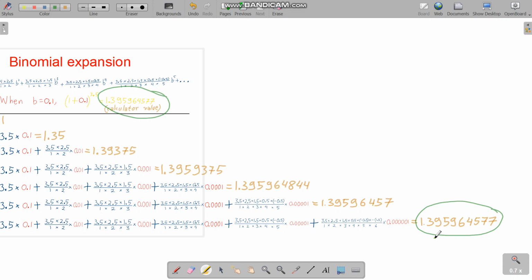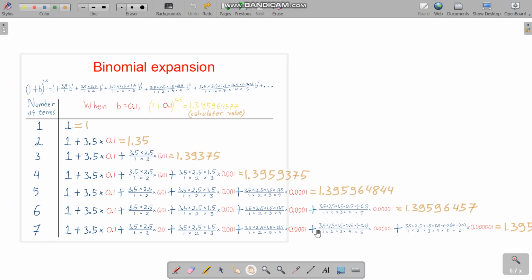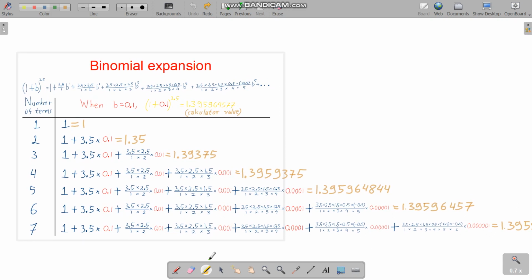It's exactly the same. So it makes sense that we have this binomial expansion formula when the x, or the b in this case, should be smaller than 1.